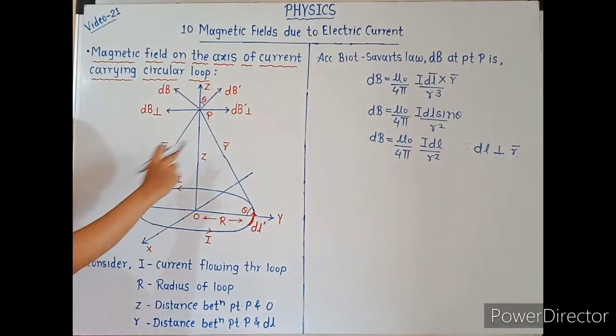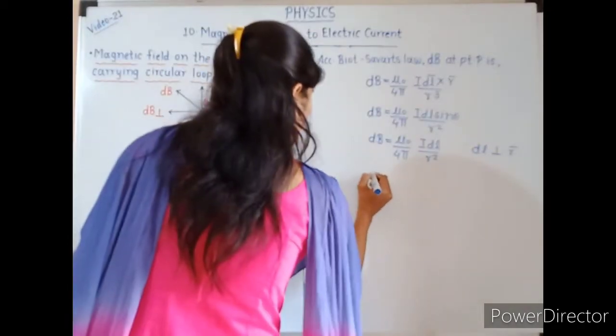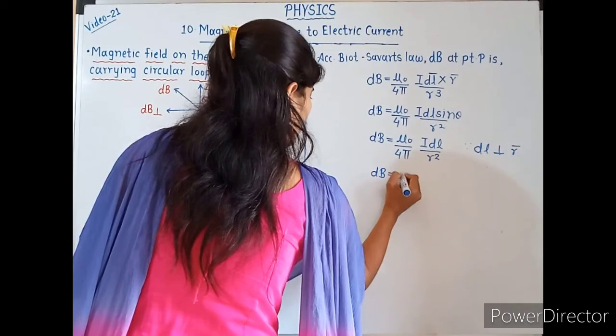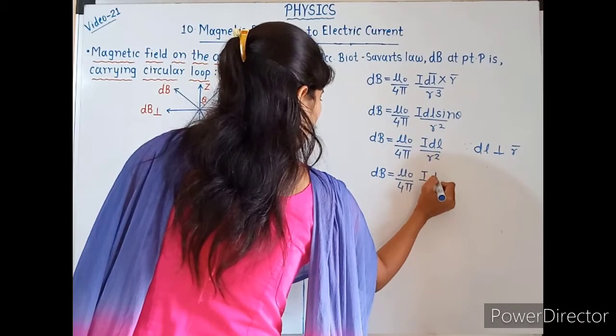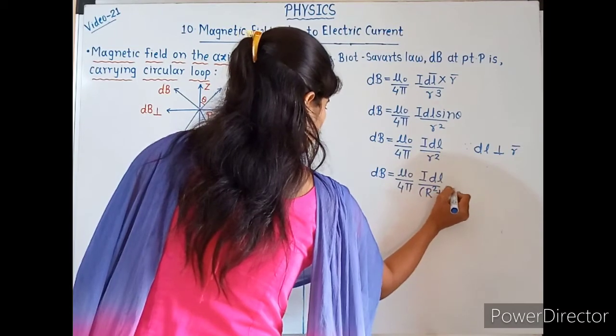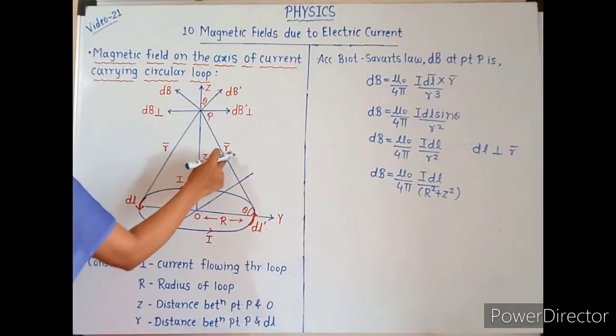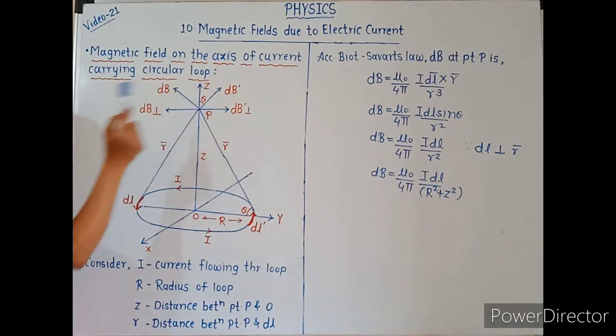So substituting the value of r square in the above equation, we get the magnetic field dB is equal to mu 0 upon 4 pi I dl upon capital R square plus z square. Now this is the magnetic field produced at a point P due to this small length element dl.